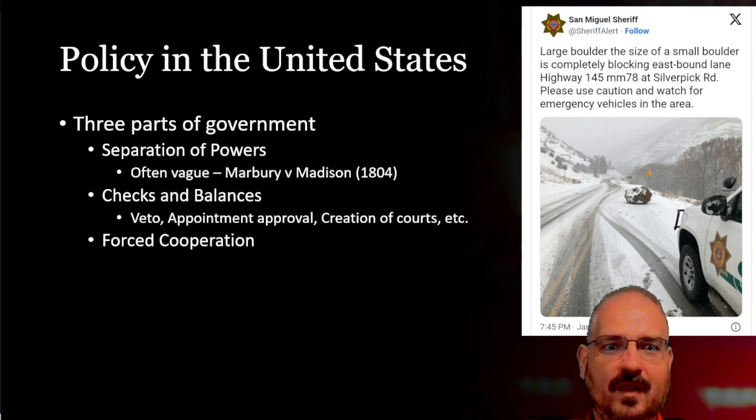So each one of those three different parts of government has power over the other two, which means that power is not concentrated in any one of the three. Each one has different powers, and no one of the three can get so controlling or so influential or so powerful that they kind of make the other two irrelevant.